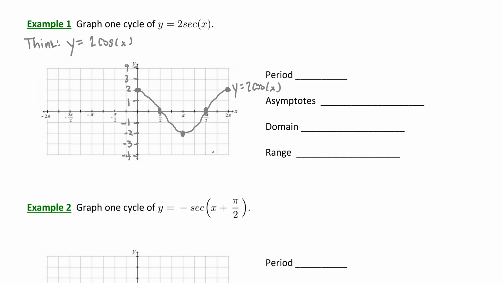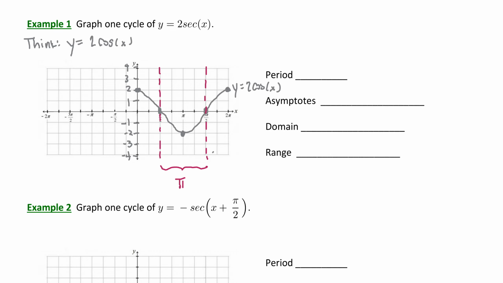Now, everywhere that cosine of x has an x-intercept, secant of x is going to have a vertical asymptote. So the first one occurs at pi over 2, and the second one occurs at 3 pi over 2. And notice the distance between those asymptotes is half of the period, or pi units.